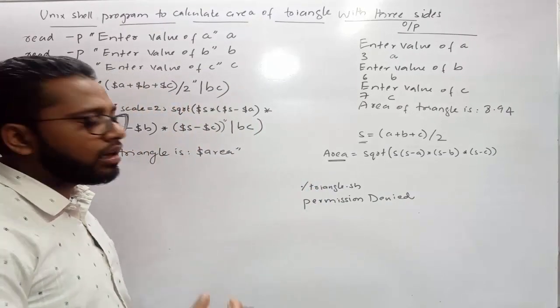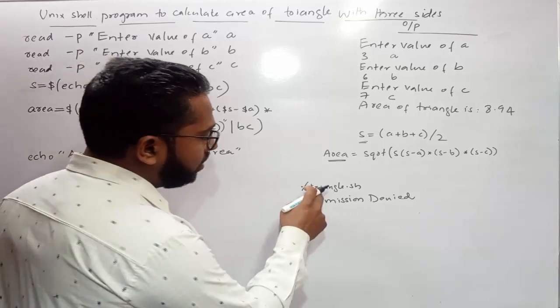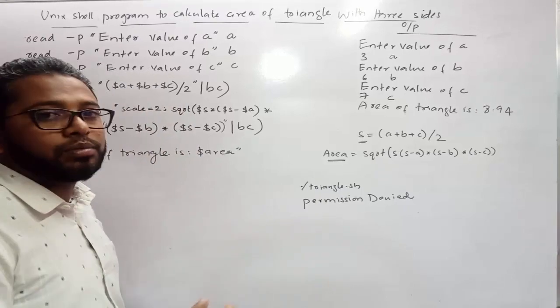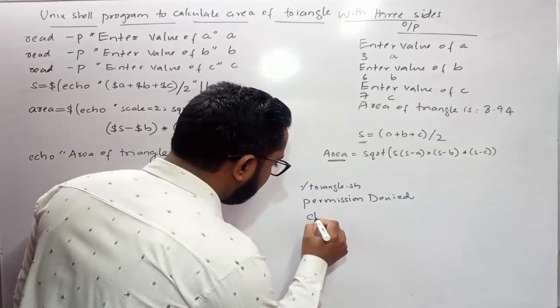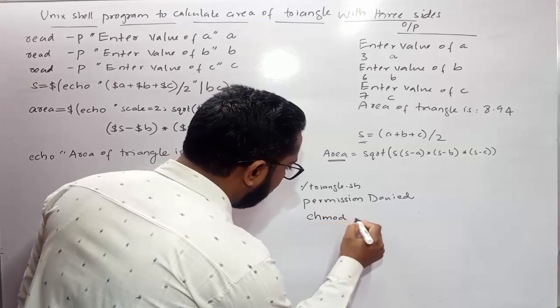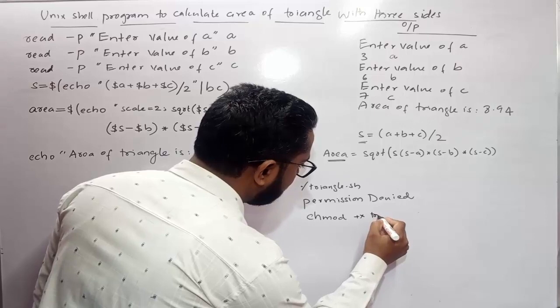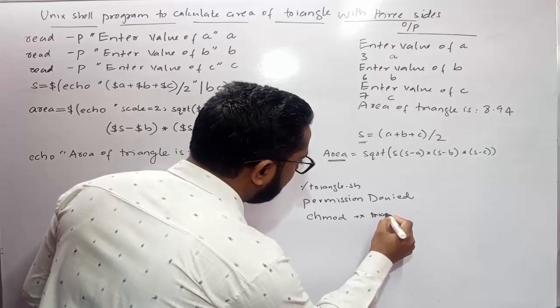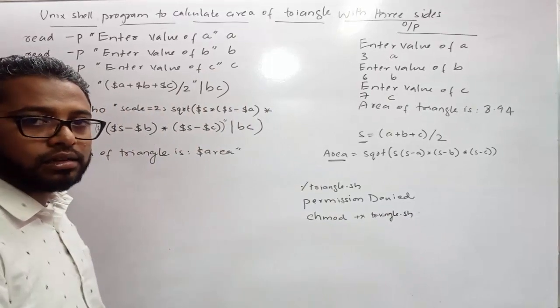Whenever you create a new file, there won't be any executable permission given to this file. You need to add that permission on your own. To add that permission, you need to use this command: chmod +x file name, which is triangle.sh, and press enter.